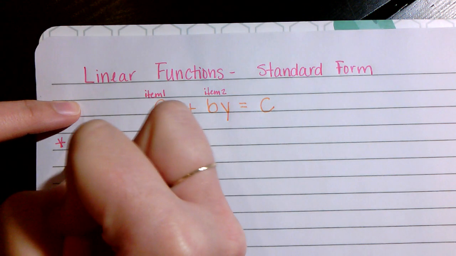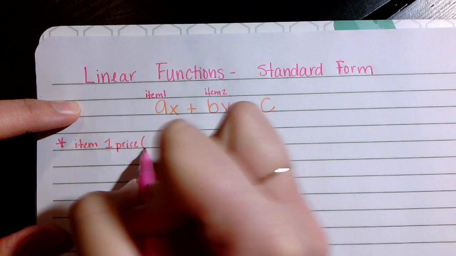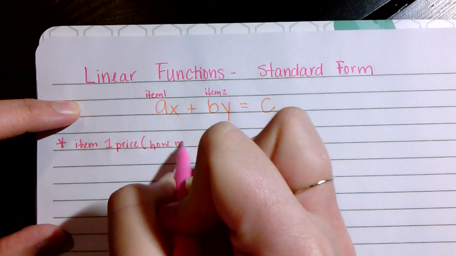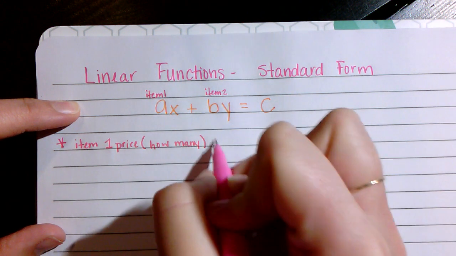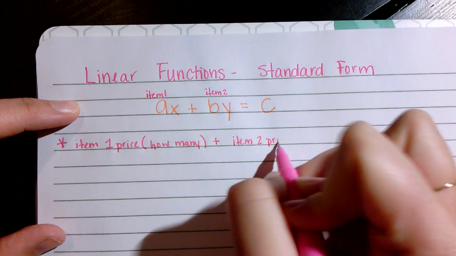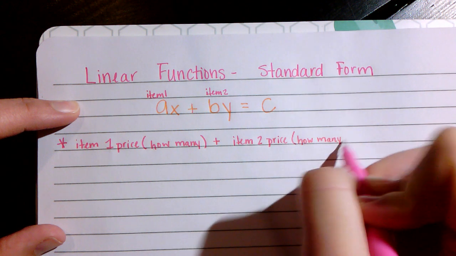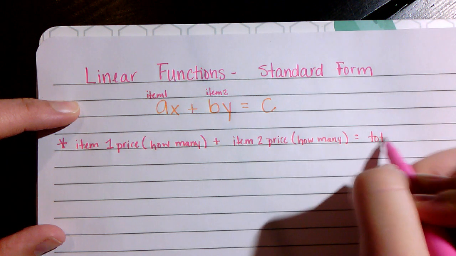It means item 1's price will go where A is, times how many there are, plus item 2's price times how many there are, equals the total cost.